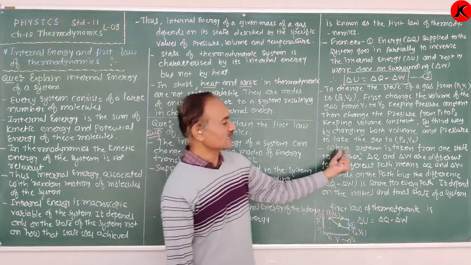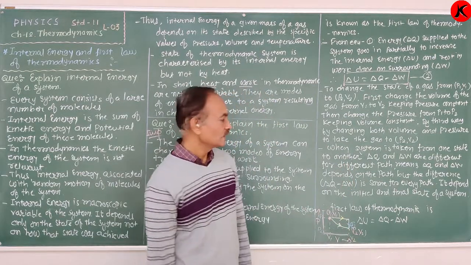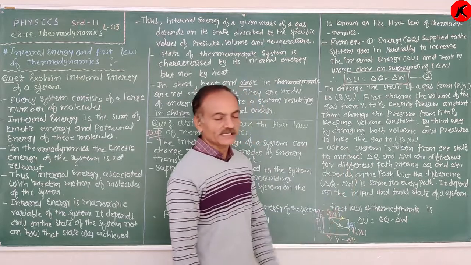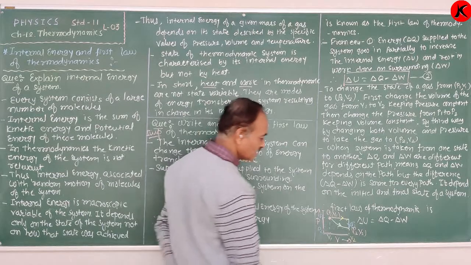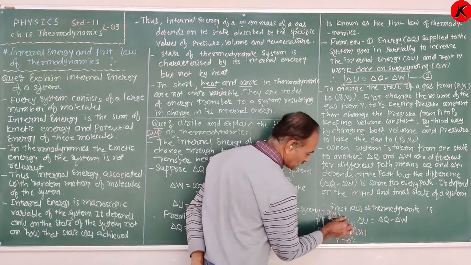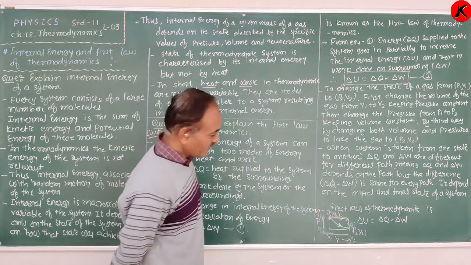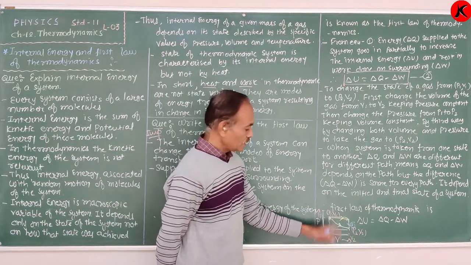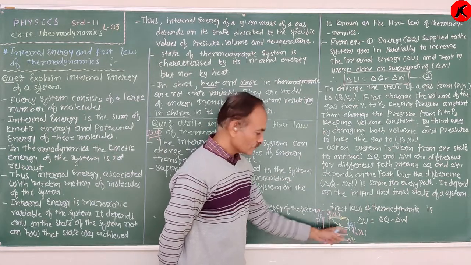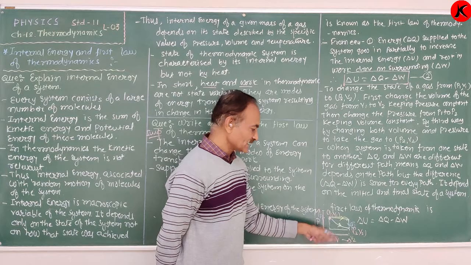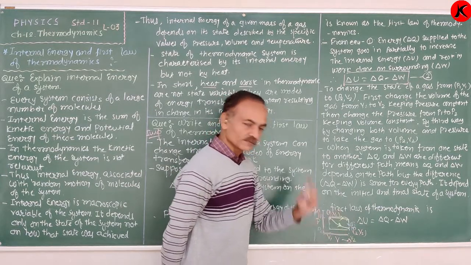When the system is taken from one state to the second state, the delta Q and delta W are different for different paths. Here are the three paths. For the first method we keep the pressure constant and bring the system from V1 to V2.